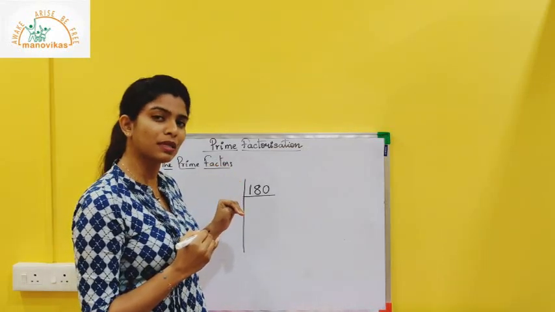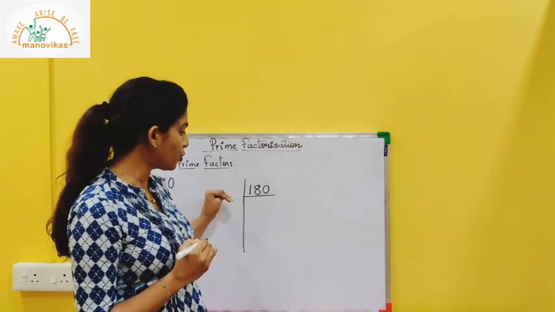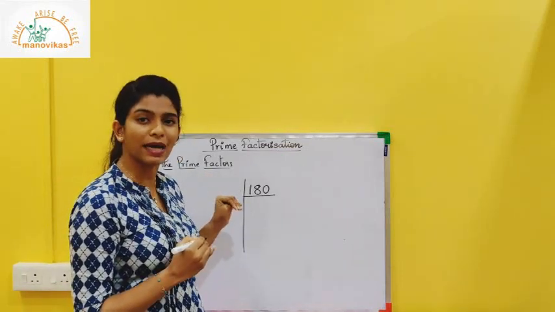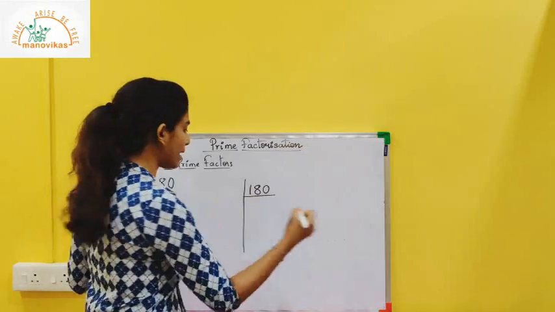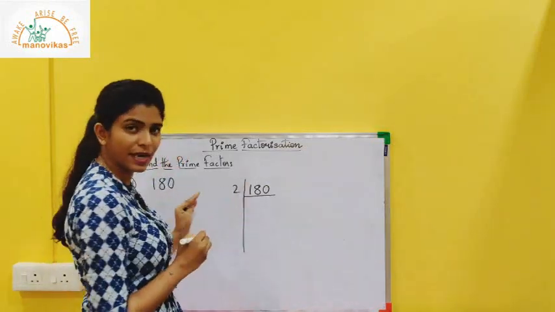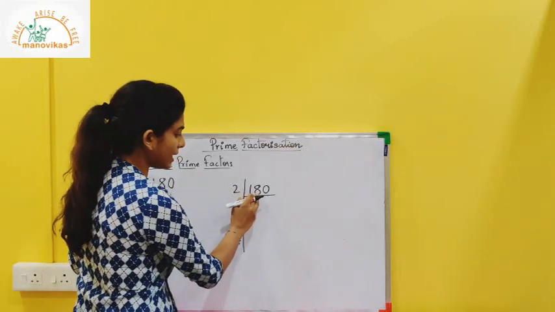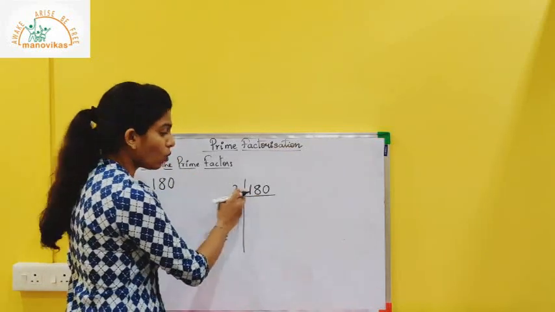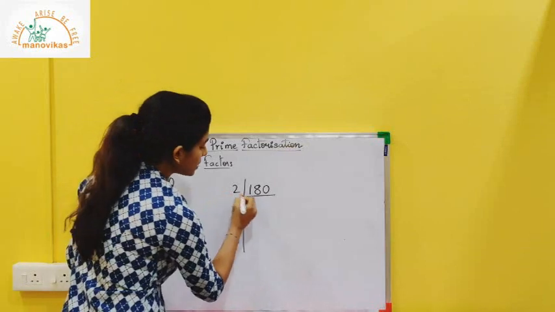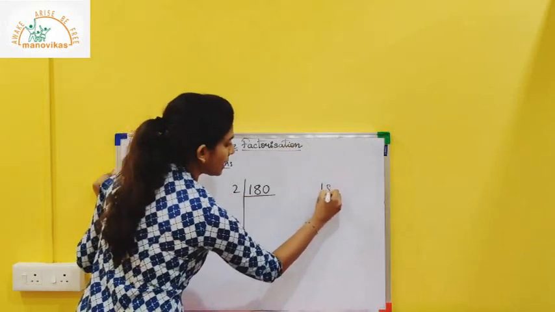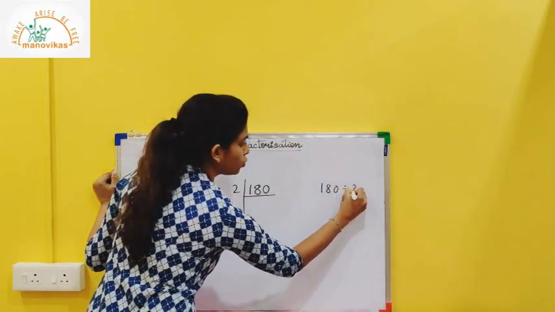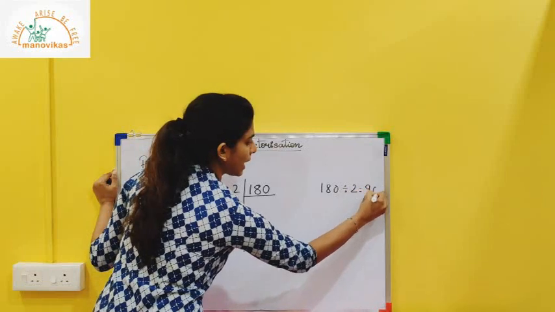The smallest prime number here is 2 and you know 180 is divisible by 2 completely. So I write 2 here at the left side of the number. So I have to divide 180 by 2. What is 180 by 2? It is 90.